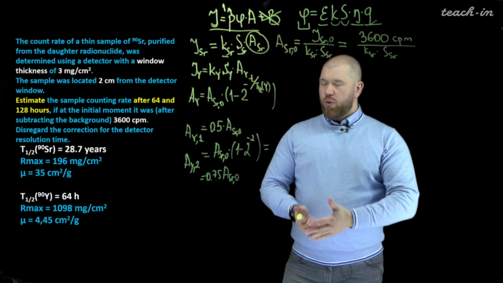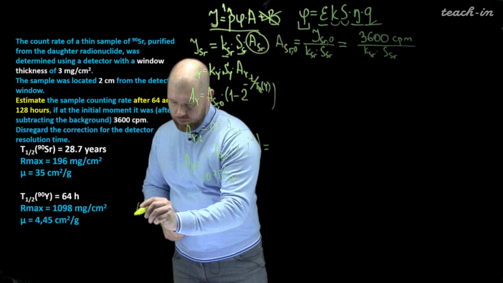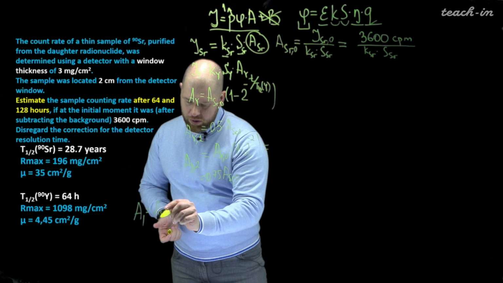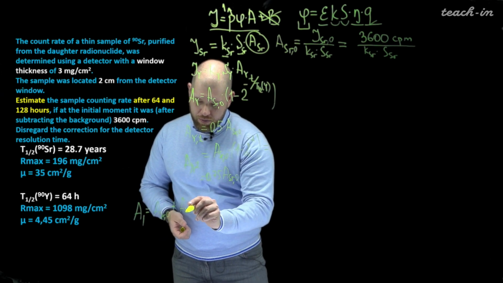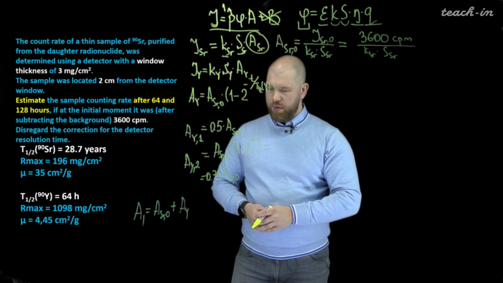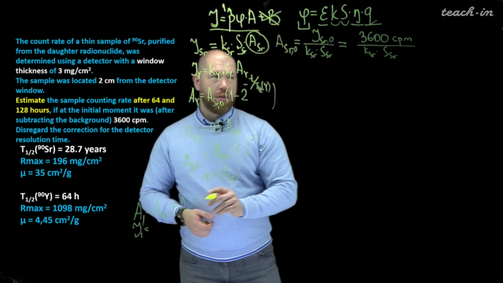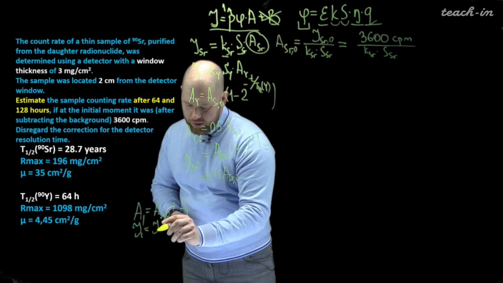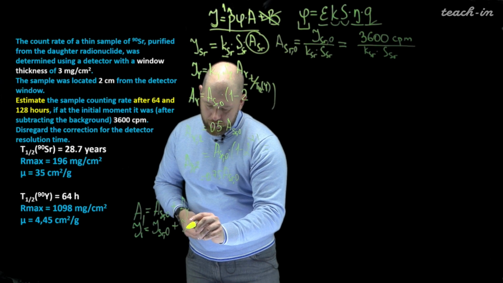The activity of the whole sample, A1, let's say, will be the sum of the activity of strontium plus the activity of yttrium. But for the count rate, we cannot neglect these coefficients. So it will be the count rate for strontium and the count rate for yttrium.